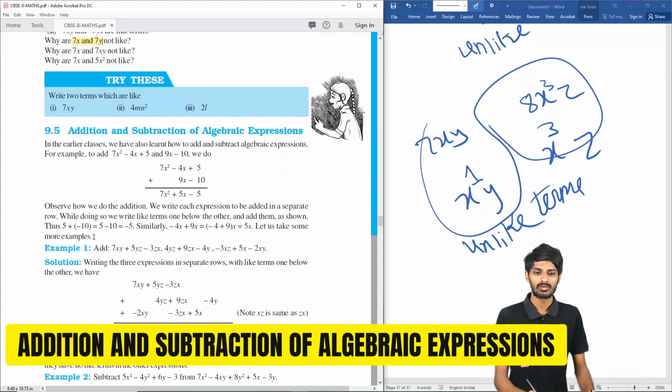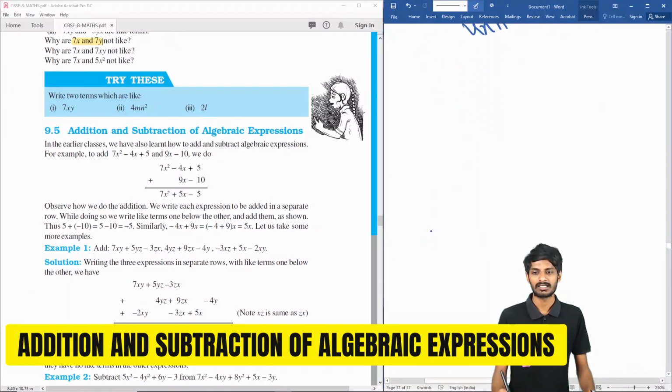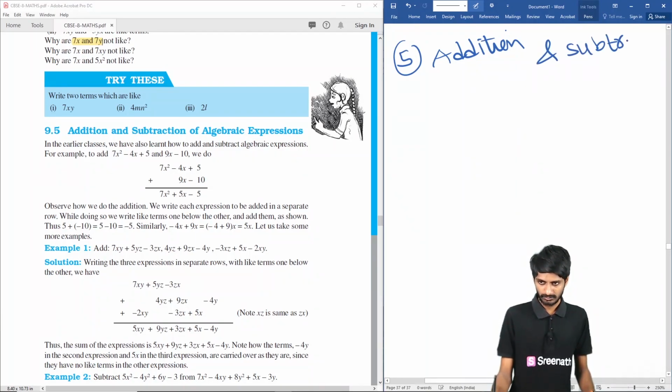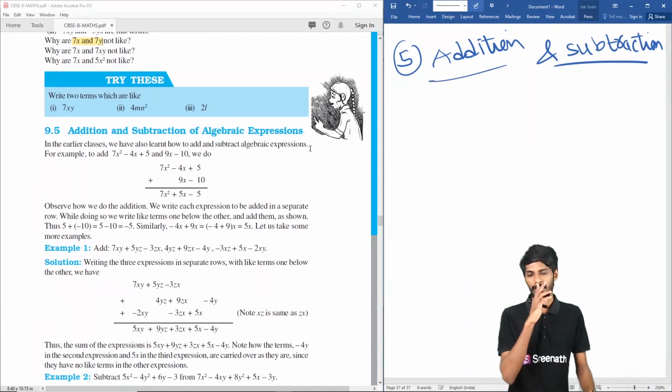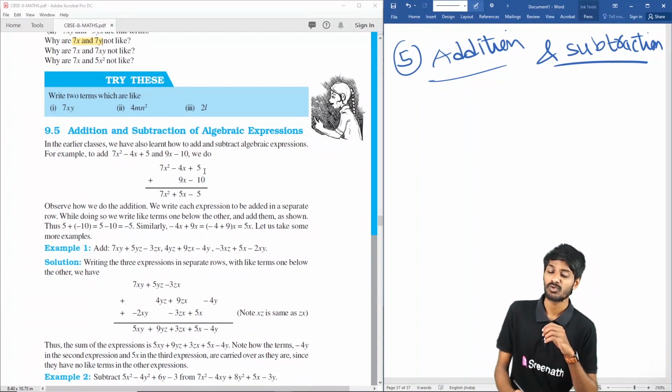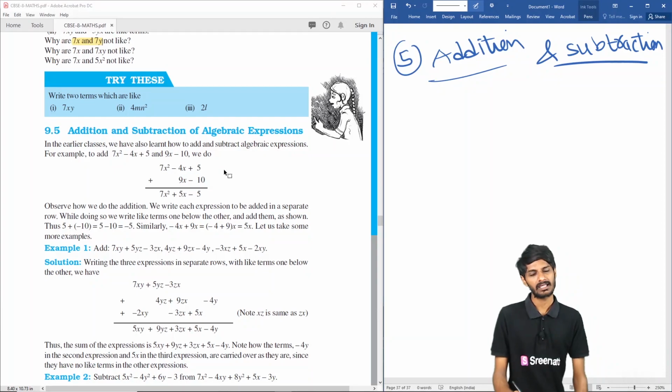So now, addition and subtraction of algebraic expressions. How to add expressions and how to subtract expressions. Of course, we have discussed them in the previous class.